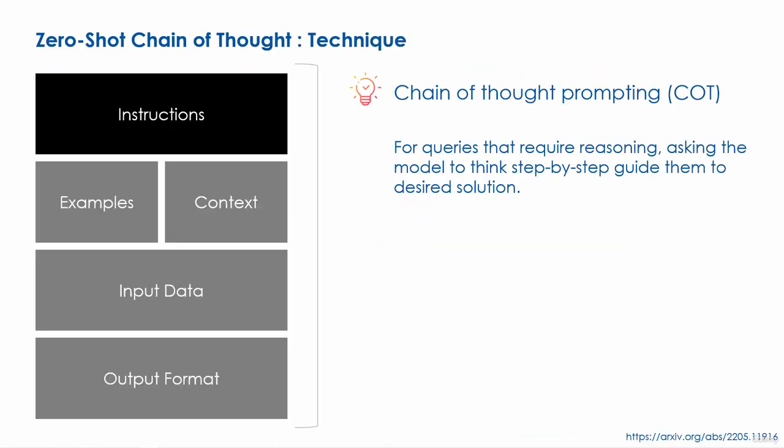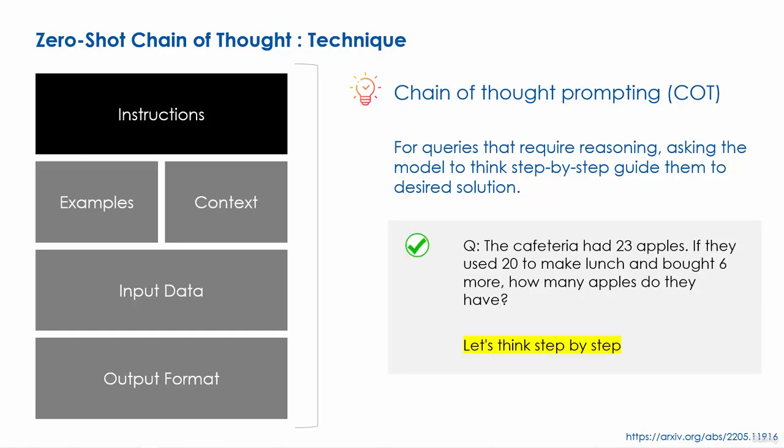I mentioned earlier that modern models are sometimes trained on reasoning problems. As a result, they may work without a need for examples for math and reasoning tasks. These are zero-shot models, and sometimes you can just add the instruction, let's think step by step to get the desired response. This is called zero-shot chain of thought.